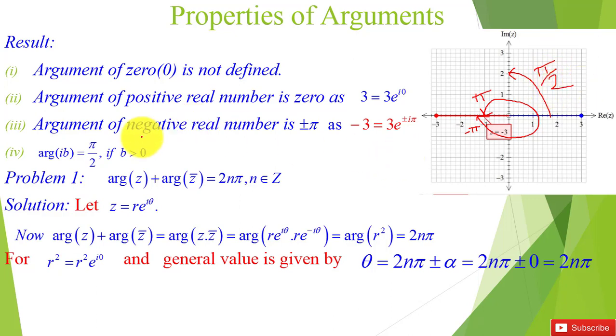This is pi by 2. So argument of ib is equal to pi by 2 if b is positive, and if b is negative, then its argument is minus pi by 2 or 3 pi by 2. This is minus pi by 2 if b is negative, or this is 3 pi by 2.